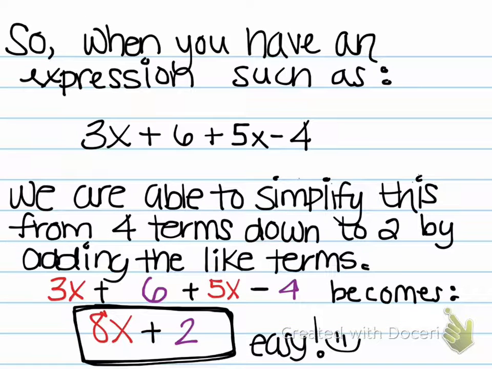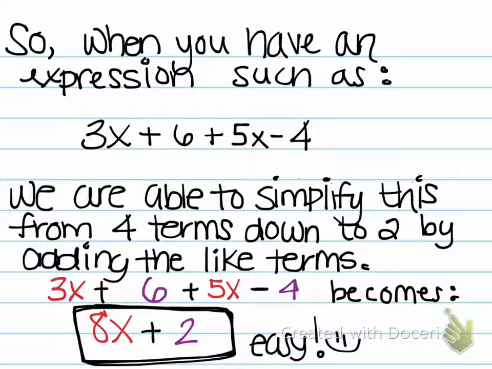So when you have an expression such as 3x plus 6 plus 5x minus 4, we were able to simplify this from the 4 terms down to 2 by adding the like terms. So, as you can see here, 3x and 5x make an 8x.